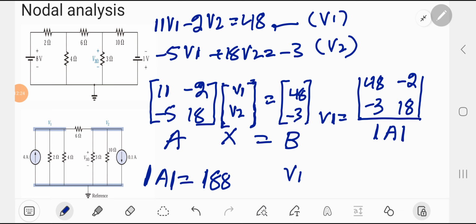So if we find the determinant of this term, V1 is actually equal to 4.5 volt.